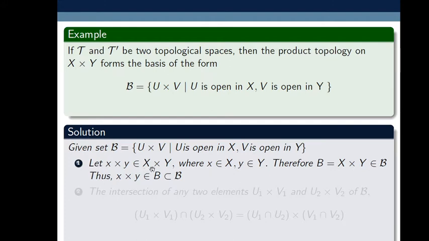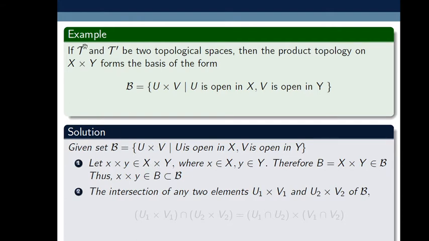Since, therefore B equals the Cartesian product X times Y, which belongs to script B. Thus X cross Y belongs to script B and B is contained in script B. Because topology tau is defined on X and tau dash is defined on Y, and we know that every member of a topology is an open set itself.